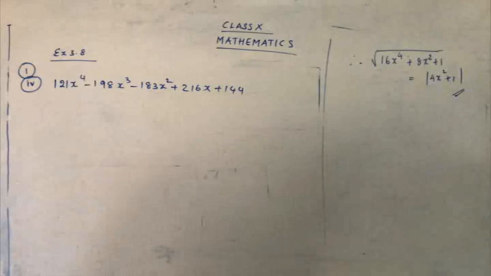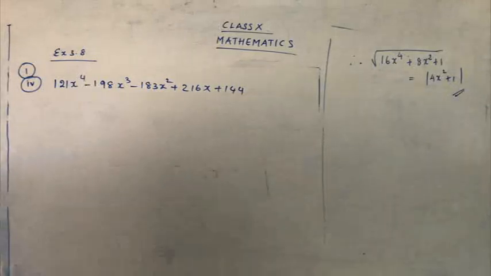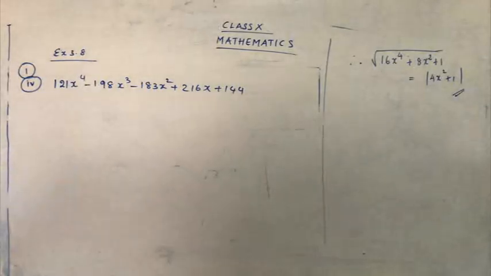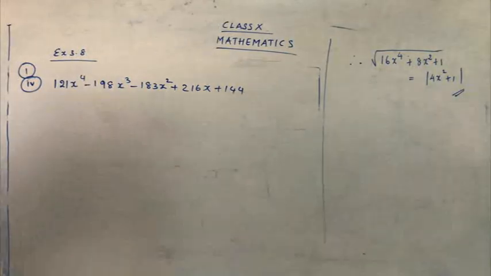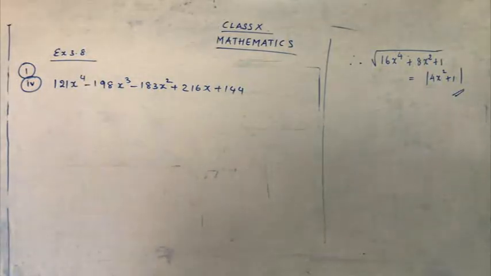Check the question properly. The question is to find the square root of 121 x raised to 4 minus 198 x cube minus 183 x square plus 216 x plus 144.